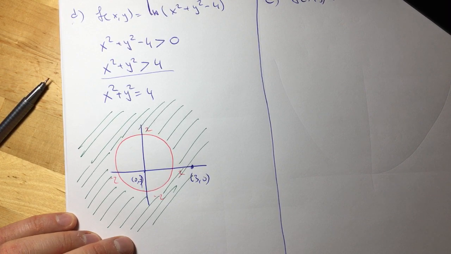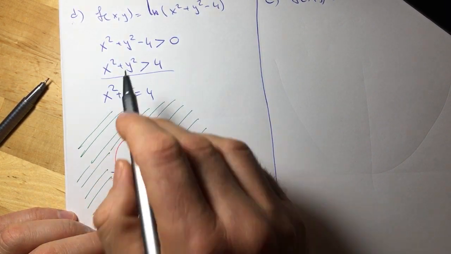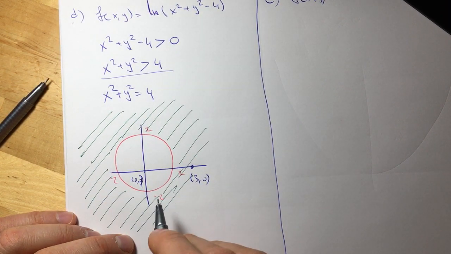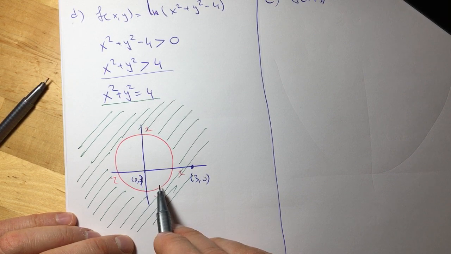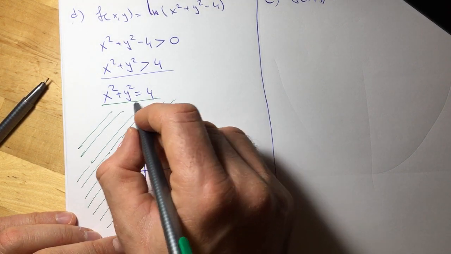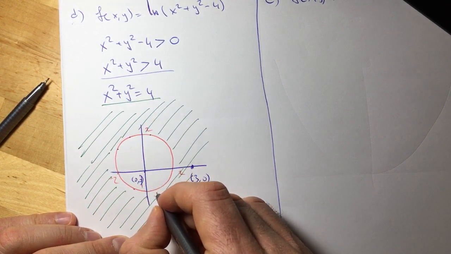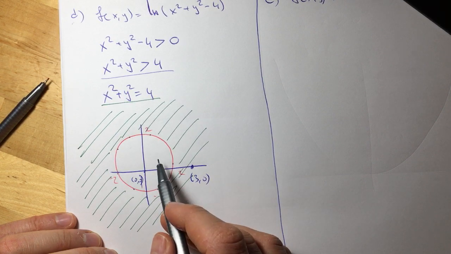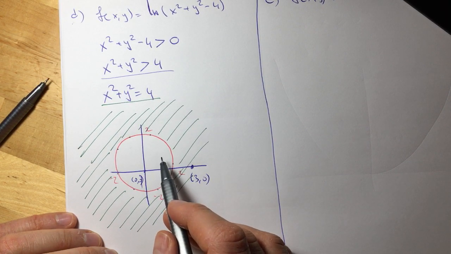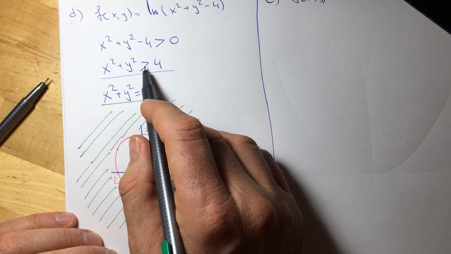But now, for the first time, we deal with strict inequality. So how are we going to deal with that? Be careful. This here gives us the circle with radius 2. So any point satisfying this equation belongs here, which means any point on this circle will not satisfy this inequality because this is a strict inequality.